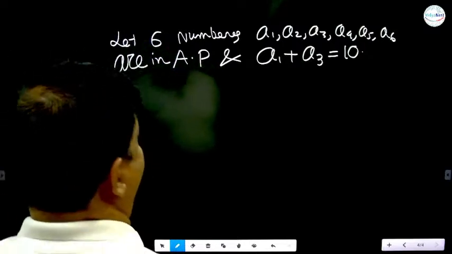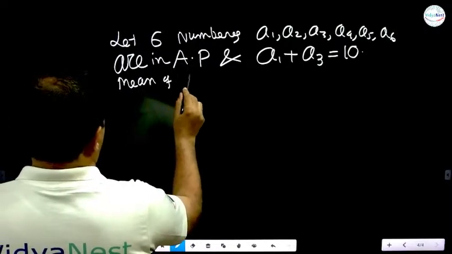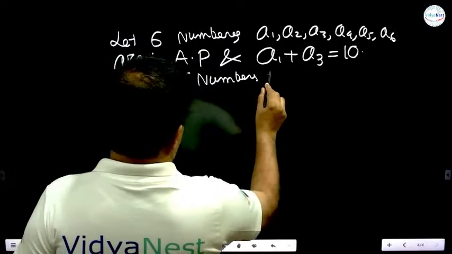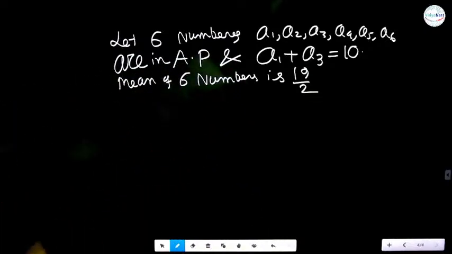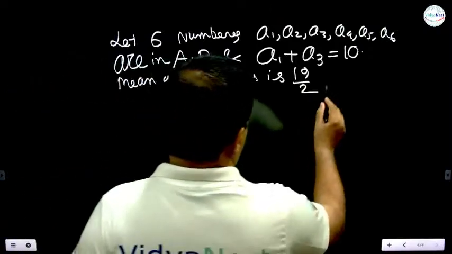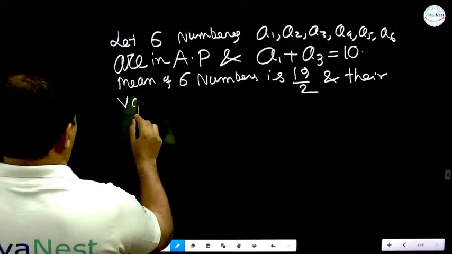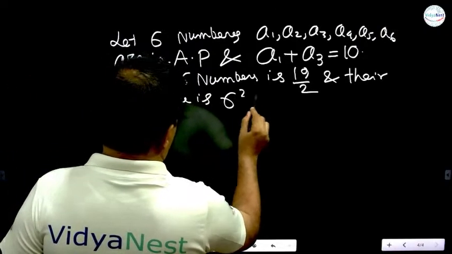Now mean of the 6 numbers is 19/2, and their variance is sigma square.